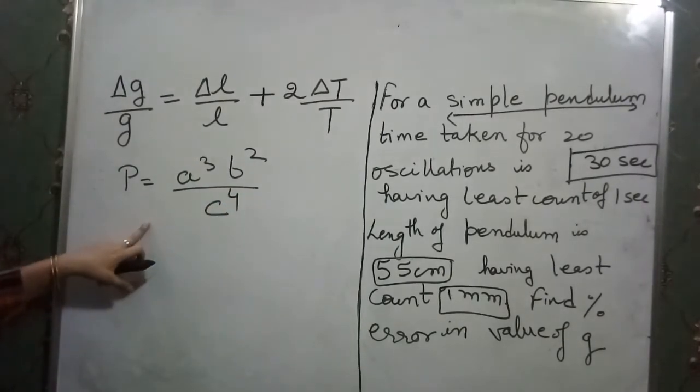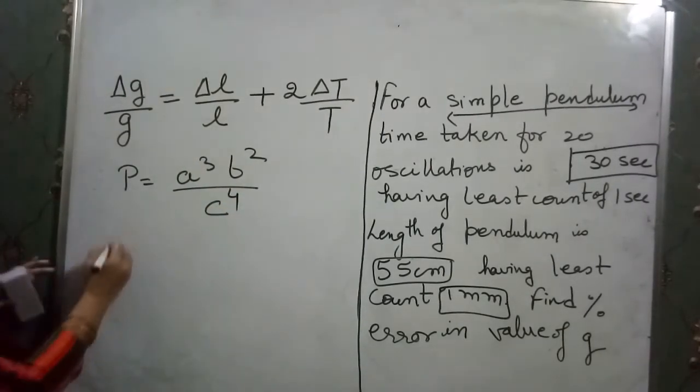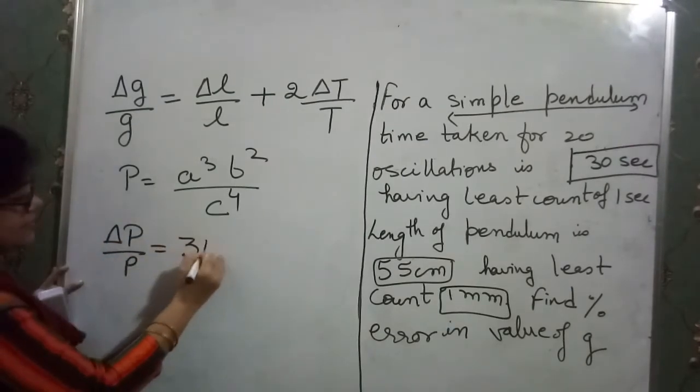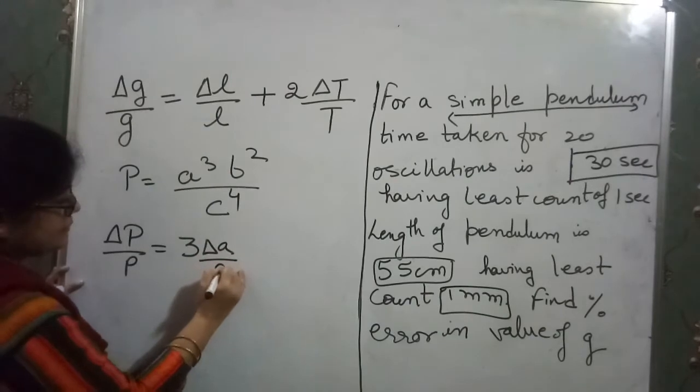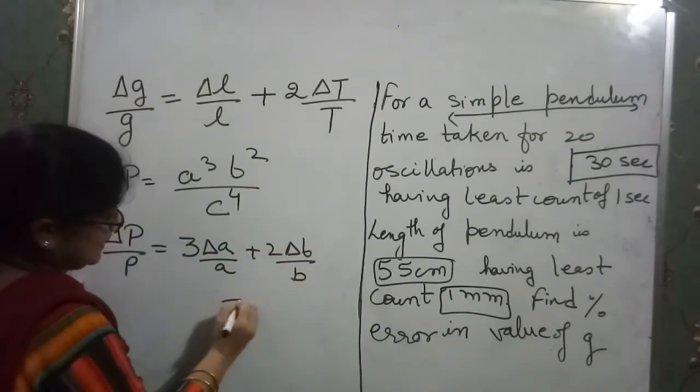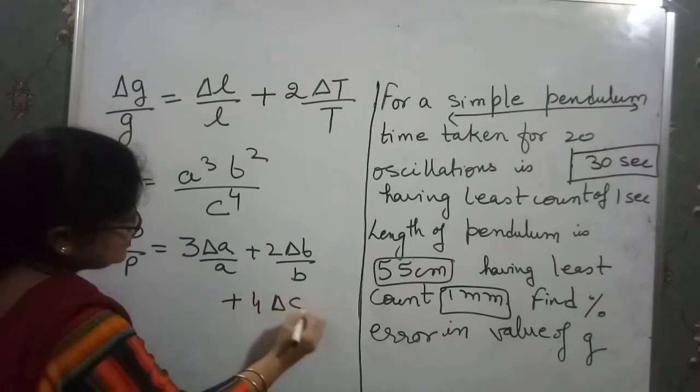If we have to find the percentage error for that, we write delta P over P equals 3 times delta A over A plus 2 times delta B over B plus 4 times delta C over C.